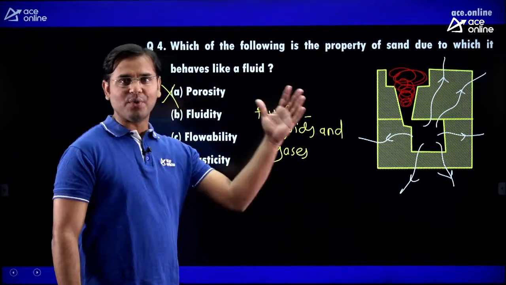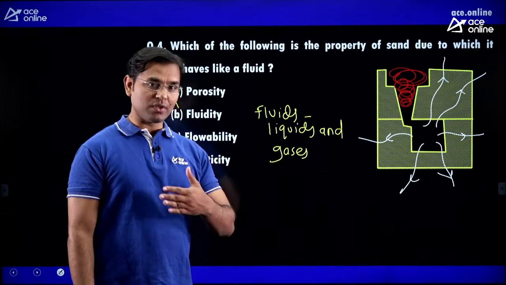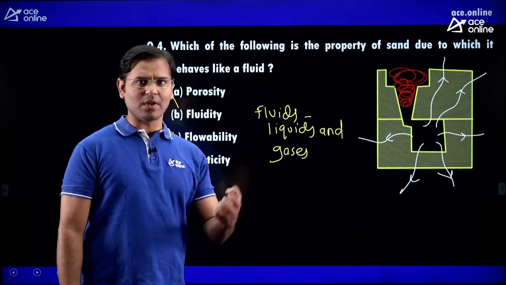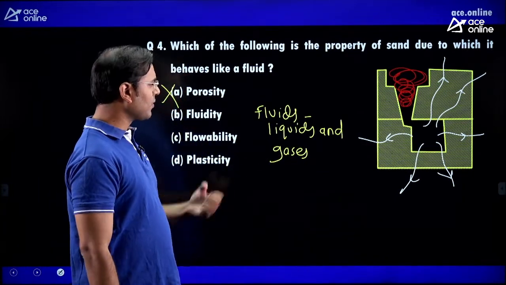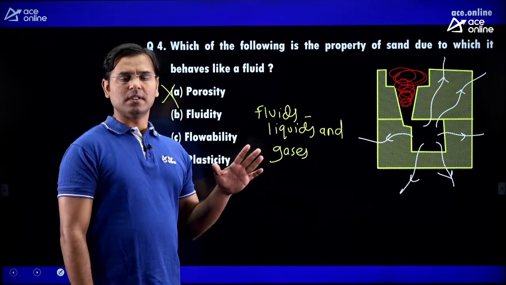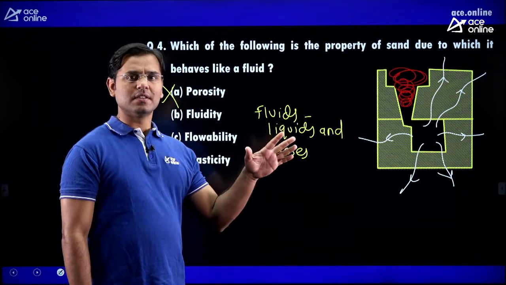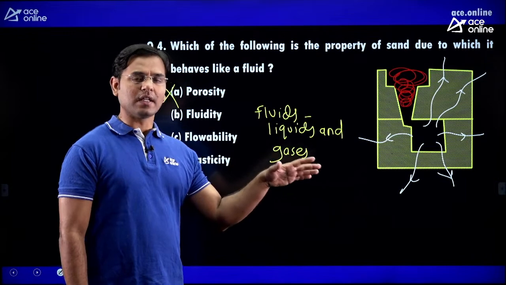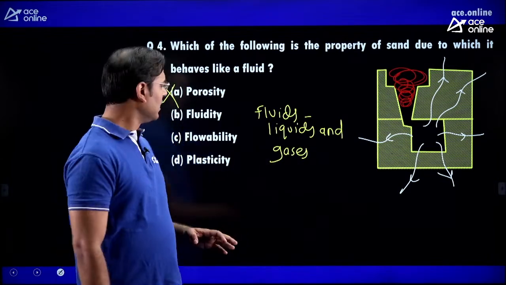They are going to flow. But is the sand going to flow like liquids and gases? No, not like that. But while making the mold, sand needs to reach each and every critical shaped part.